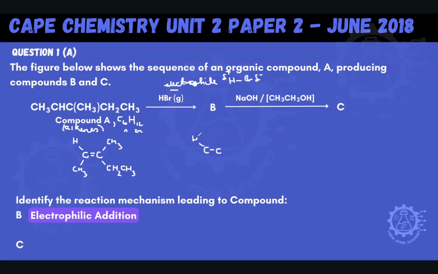So I would have H, CH3, and I'm going to put the H there because it's going to go where there are already more H's. And then I have my CH3 up here. I have my CH2CH3 here. And then the bromine would want to go where there are already more substituents. So that's what I'm working with.